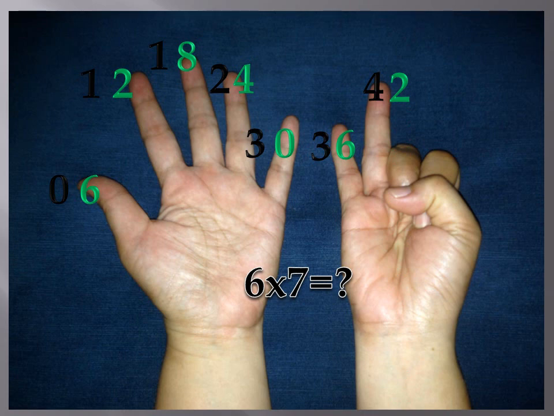And then finally for the seventh finger, we have the number 2 as its ones digit. If we will try to observe the seventh finger, there we can see the number 42. And that only shows that 6 times 7 is equal to 42.